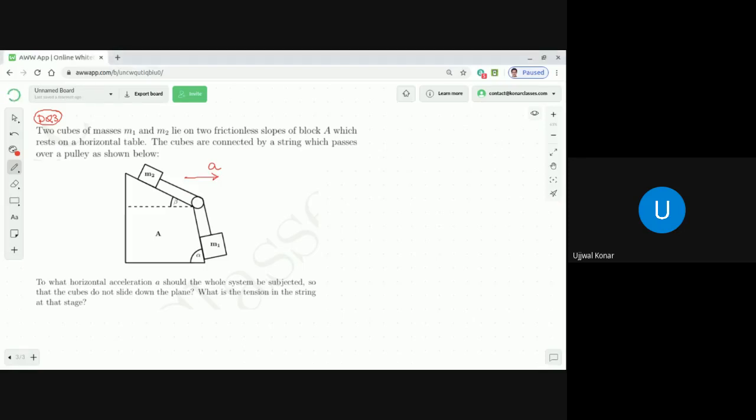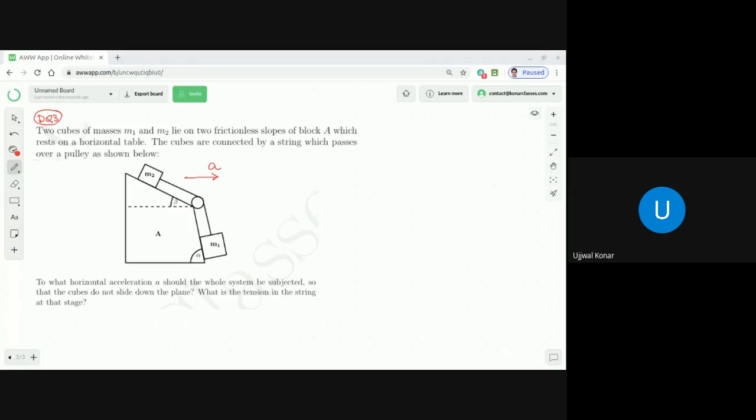Now, two angles have been given, alpha and beta, as you see. Now let's find out what forces are acting. Let's concentrate on the mass m1, dear Shrestha.